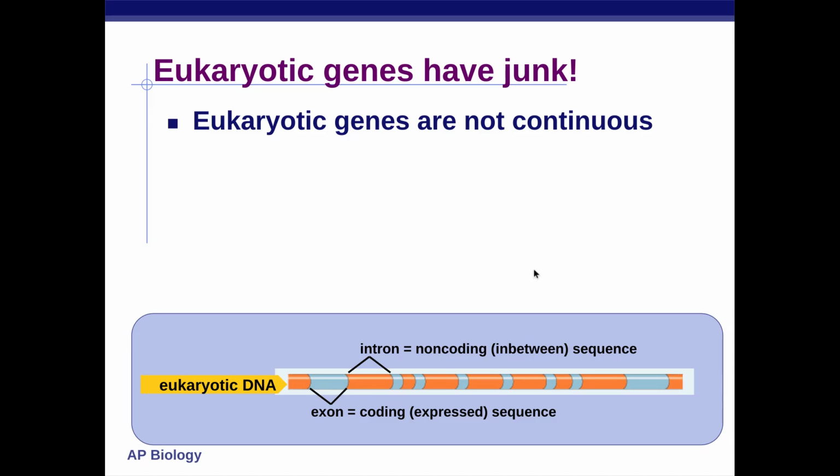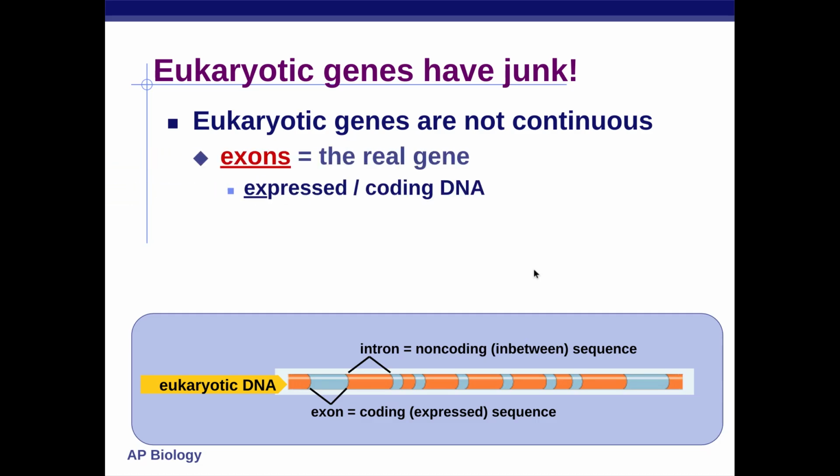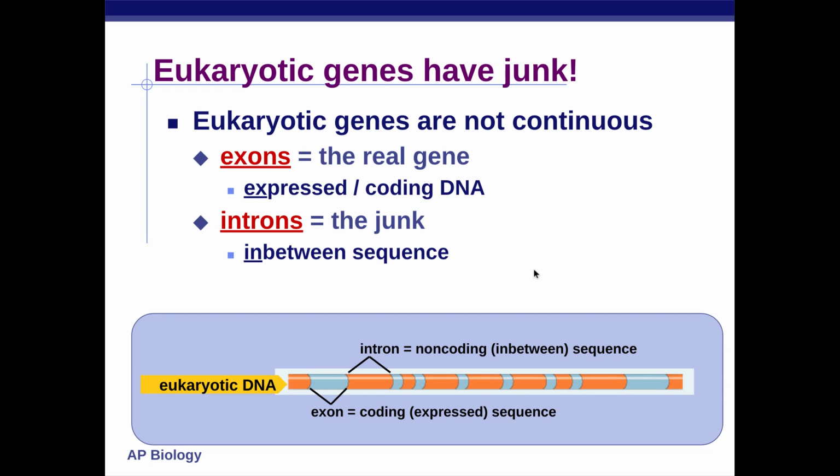Sometimes they can be a few thousand bases long, which means the rest of the sequences are not going to be coded. So those non-coded sequences are called introns or intervening sequences. And these intervening sequences are also present within the gene, between the start and end of a transcriptional unit.